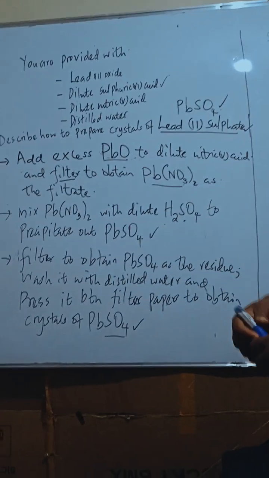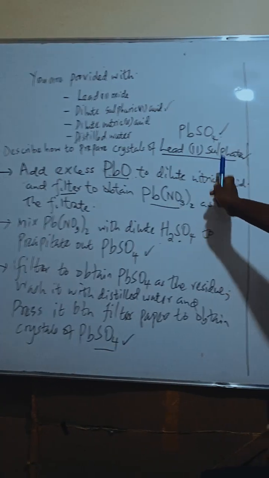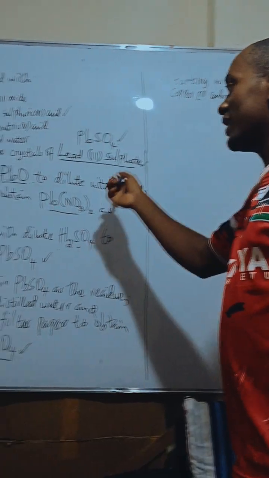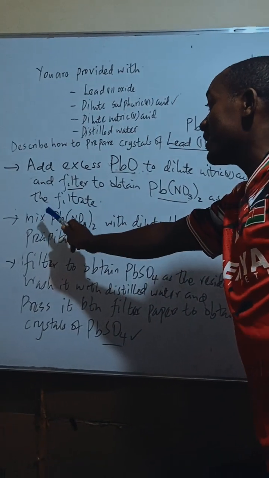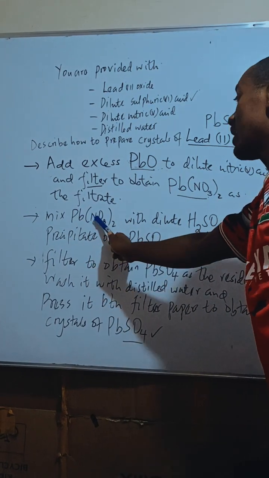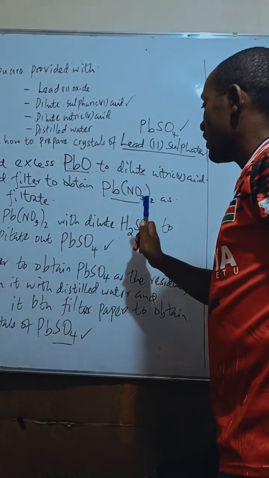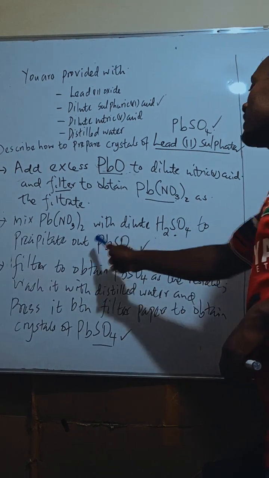So the first thing, add excess lead oxide to dilute nitric 5 acid to obtain lead nitrate, and filter to obtain lead nitrate as the filtrate. In this mixing, we are mixing a soluble salt with another soluble thing, that is sulfuric 6 acid, that contains sulfate ions to precipitate out lead sulfate.